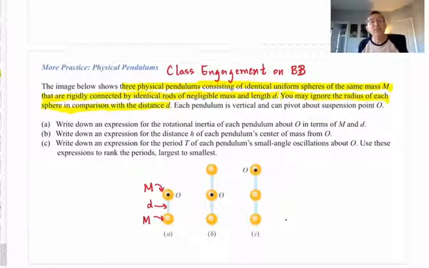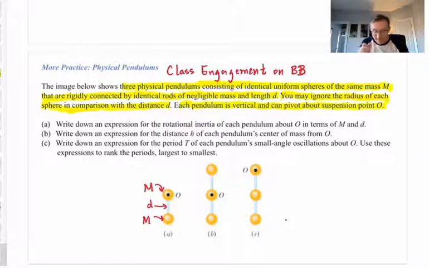Treat each sphere as a point mass. It has mass m, but it's small in size. Each pendulum is vertical, right? This is the vertical direction, and can pivot about the suspension point O.